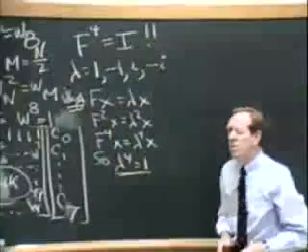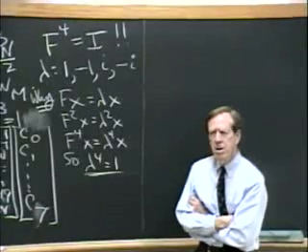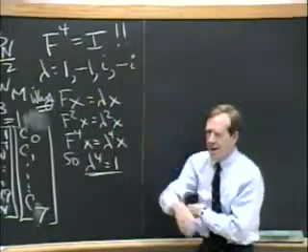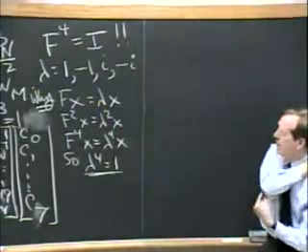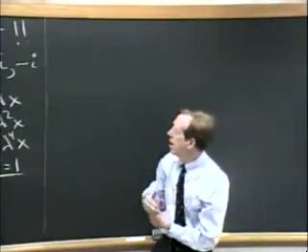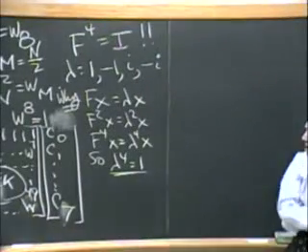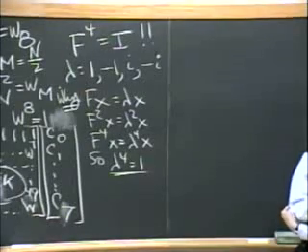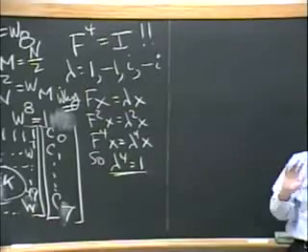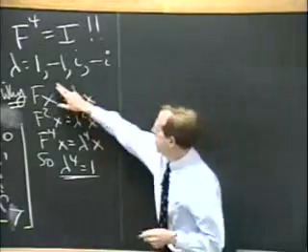I guess maybe F squared is minus I, is that right? Anybody remember? If F squared is minus I, then we've certainly got F to the fourth nailed down. I think maybe F squared is minus I, and F fourth is I. Yeah, that should be fun to prove, but let's take that as something we can check, and then that tells us what the possible eigenvalues are.